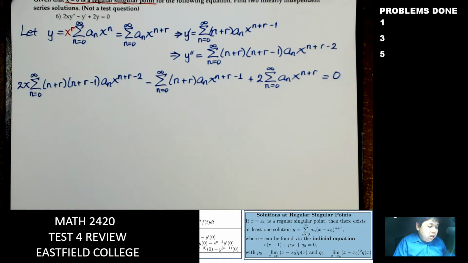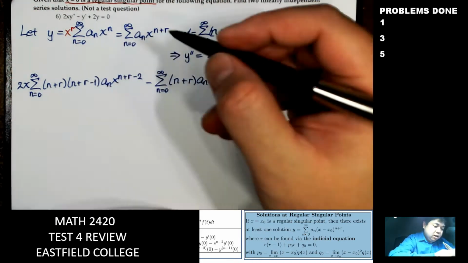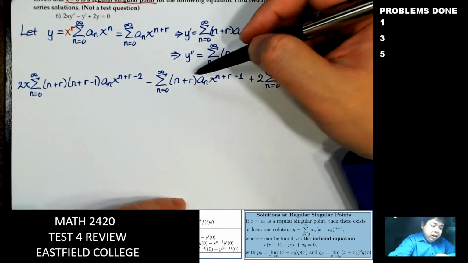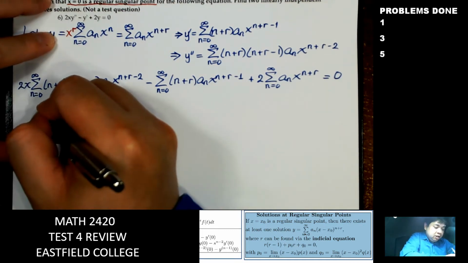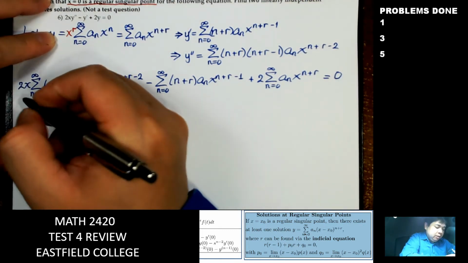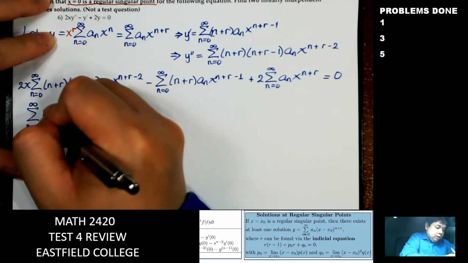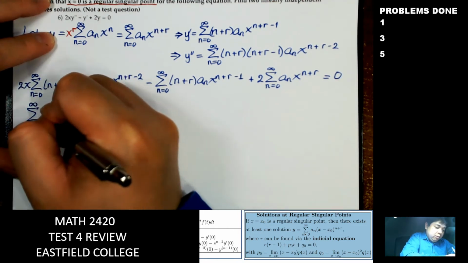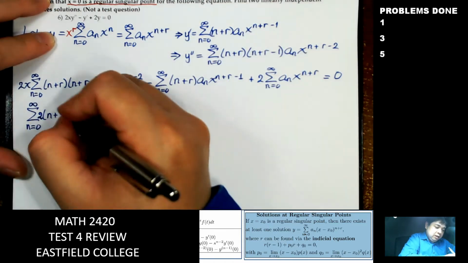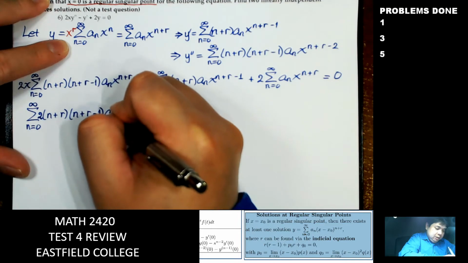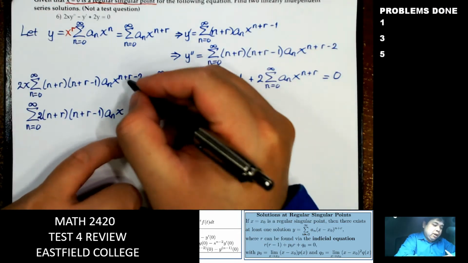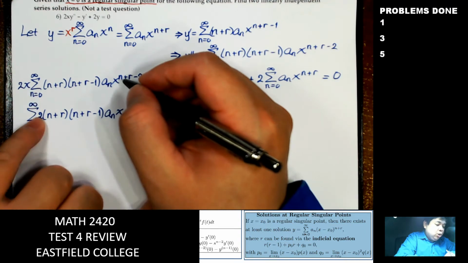Usually we can just combine them if they have the same index and the same power, but I will multiply the 2x inside and the 2 inside. It is much easier to keep track if we have everything after the summation. So we move the 2x inside, and we move the 2 inside.